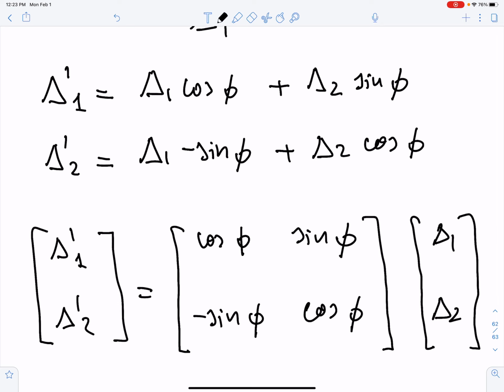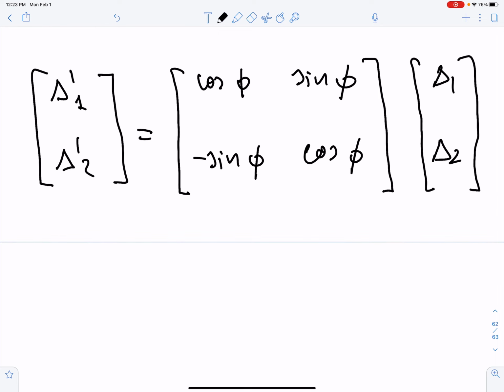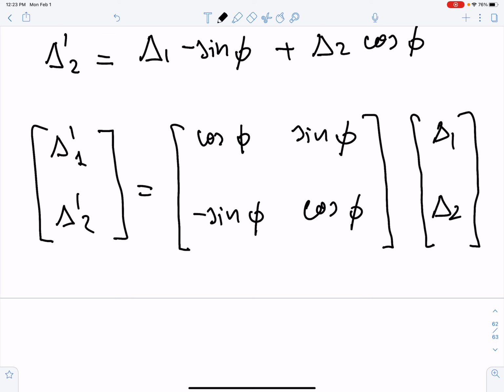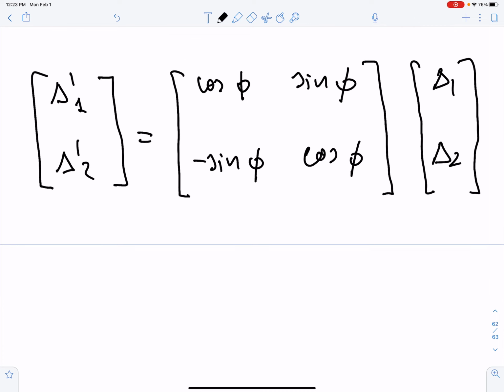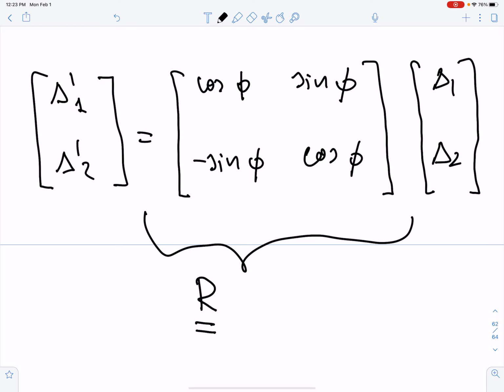So what does this look like? It looks like an operation that takes delta 1, delta 2 and rotates it into delta prime 1 and delta prime 2. I'm sure in part of Engine 40, parts of dynamics, you've seen these types of rotation matrices. I'm going to call this guy R. This is a 2 by 2 matrix, and this becomes a rotation matrix.